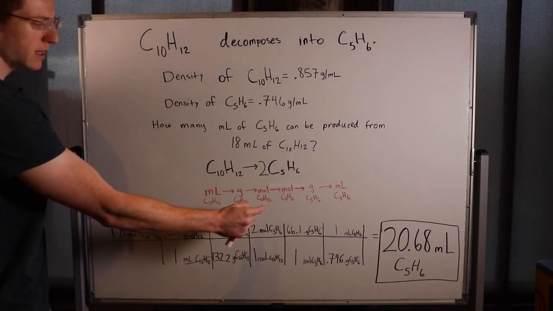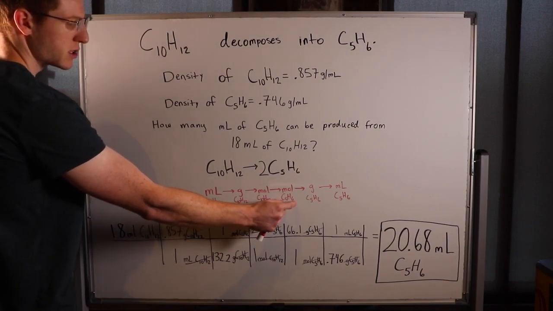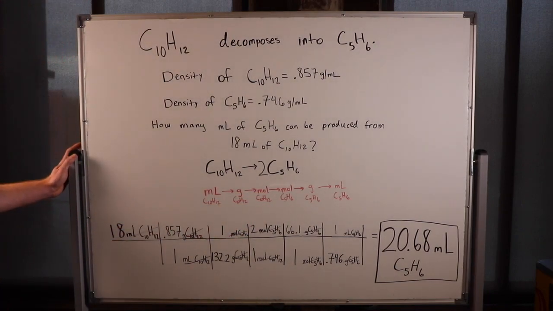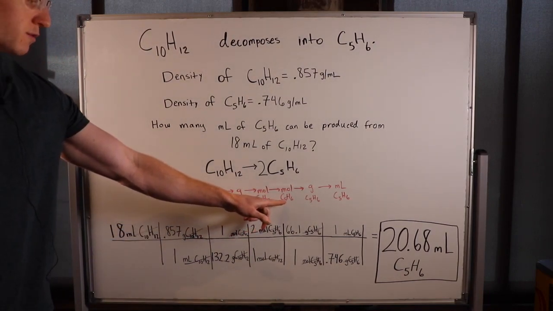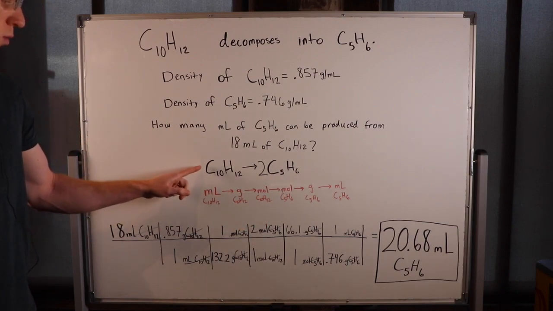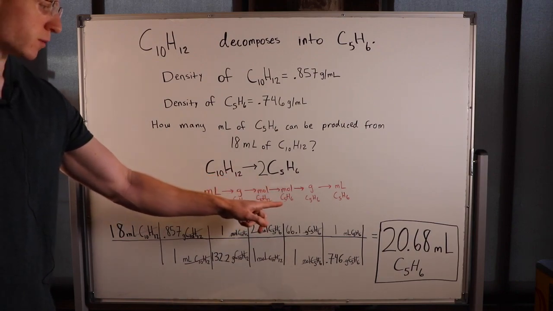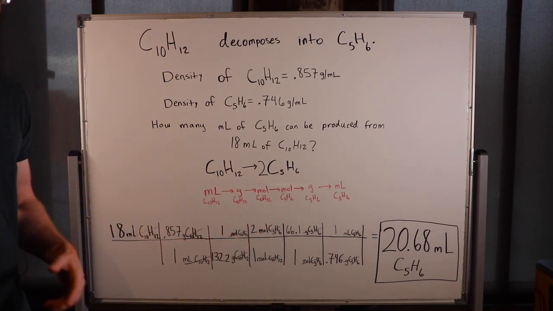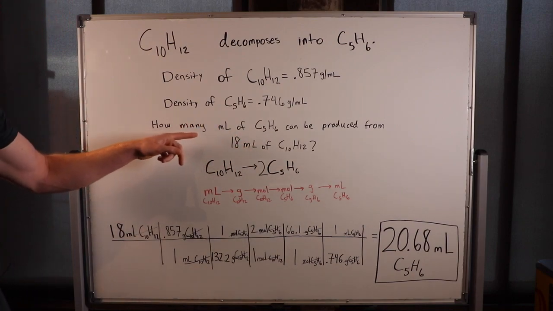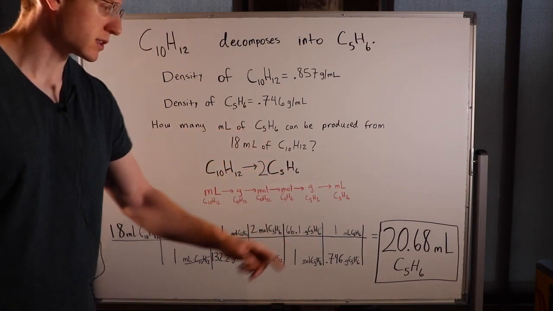The only way we can get from C10H12 to C5H6 amount is to cross the mole bridge, right? We need to relate C10H12 to C5H6 based on their molar ratio, and we know in this case it's 1 to 2. Then once we're in moles of C5H6, we simply convert that to grams of C5H6, and then finally what they asked for, milliliters of C5H6.